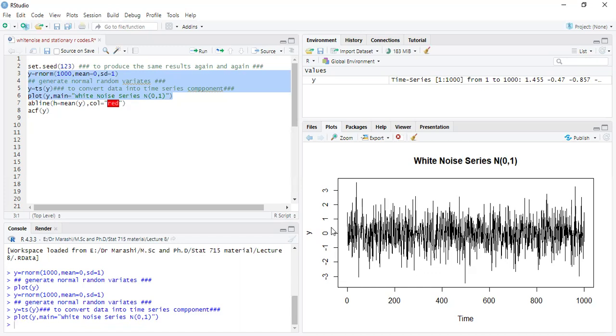You know this. In a standard normal distribution, the z value can lie between minus three and plus three. One standard deviation, two standard deviations, or three standard deviations. Right? So how to write this?